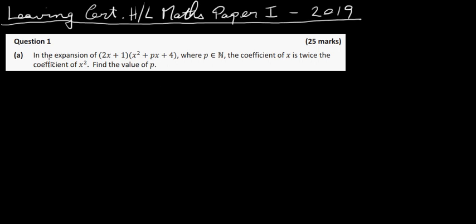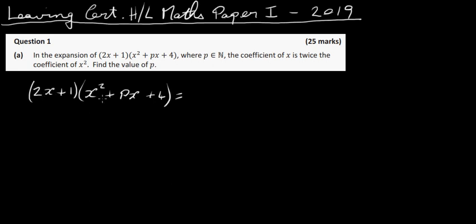So they're saying that in the expansion of this thing here, so we've got to expand it. So let's just multiply it out. We have 2x plus 1, and that's multiplied by x squared plus px plus 4. Okay, so when you expand this, we've got to multiply each thing in this bracket by each thing in this bracket here. So we start with the 2x here.